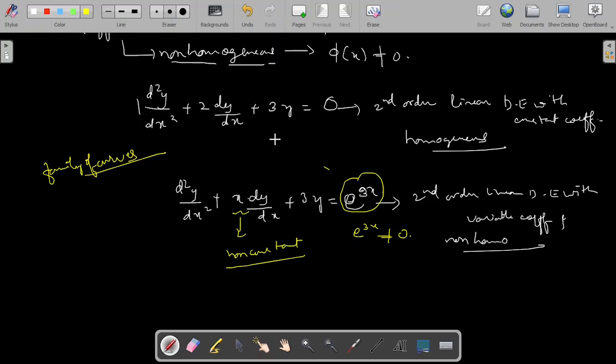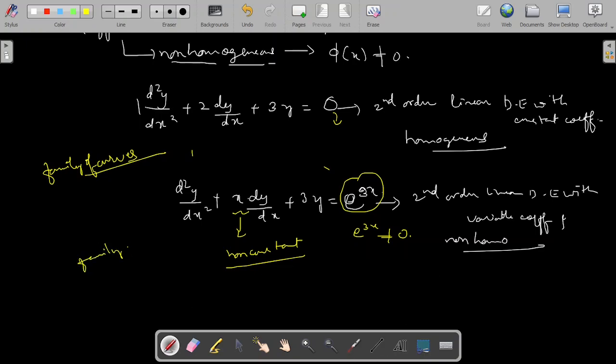Whatever the system you have, if you are observing a dynamic system and getting the behavior of the system in terms of a differential equation, if there is no external factor, then you will have the right hand side equal to 0, due to which you will get a homogeneous differential equation which represents a family of curves. Okay, non-homogeneous equations also represent families of curves.